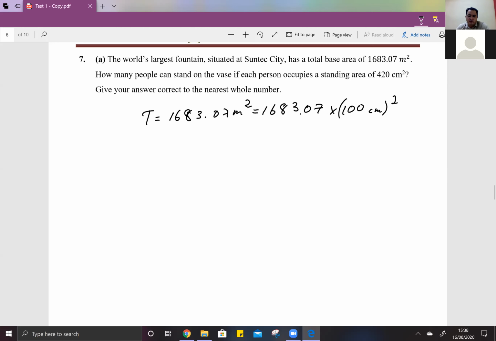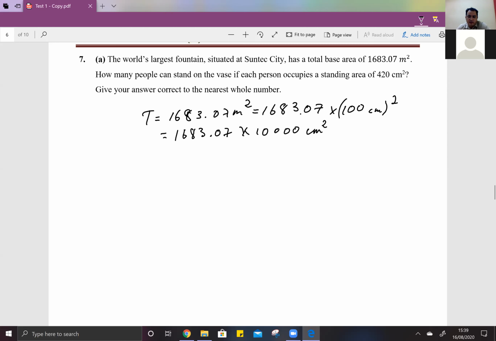Equals, from the new row, equals 1683.07 times, what is 100 squared? It is 10,000, right? Now centimeter squared, it is centimeter squared.